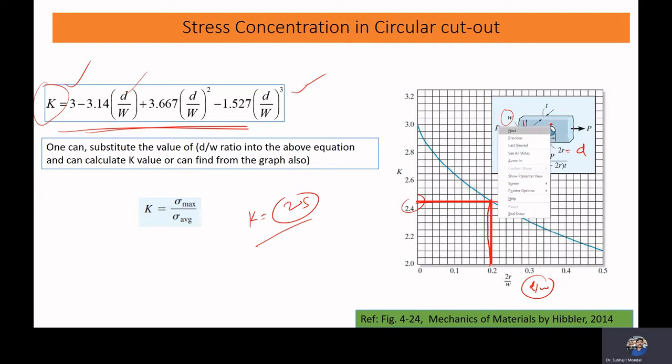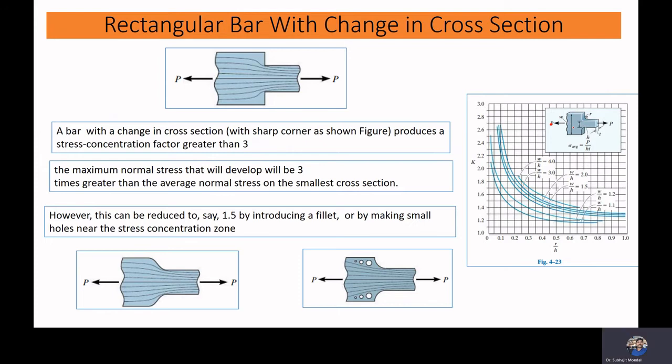Now, if you have a rectangular section or circular section in which there is a sudden change in the cross section, the stress concentration factor varies in this form. This stress concentration factor is a function of R by H as well as W by H, where R is the local radius of curvature here.